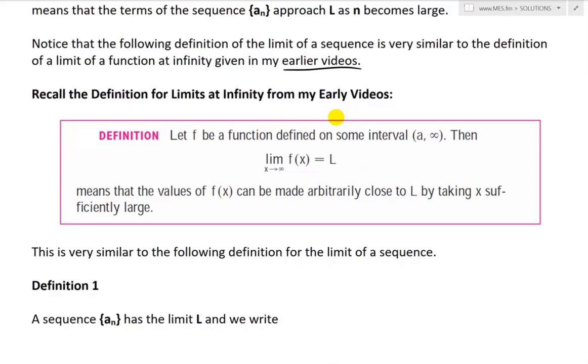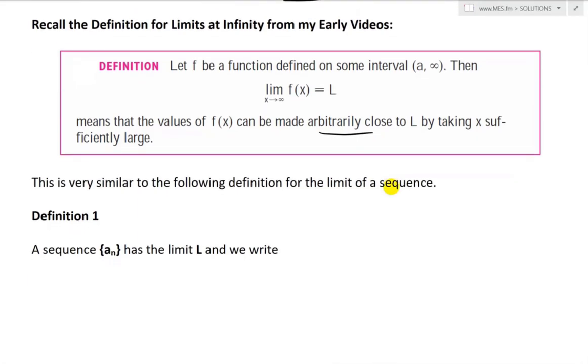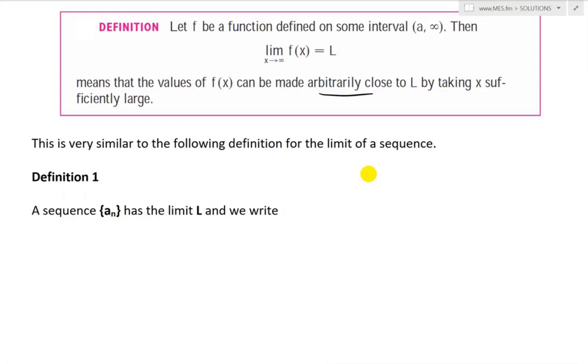Recall first the definition for limits at infinity from my earlier videos for a regular function. Let f be a function defined on some interval a to infinity. Then the limit as x approaches infinity of f of x equals L means that the values of f of x can be made arbitrarily close to L by taking x sufficiently large, and then the value gets closer and closer to L. This is very similar to the following definition for the limit of a sequence.